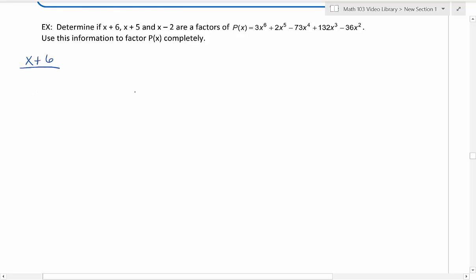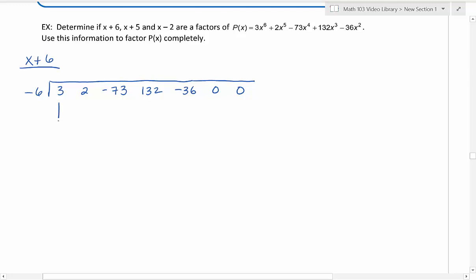We're going to synthetically divide. So that's a -6 on the outside, and our coefficients underneath. Notice that our p of x does not have a linear or constant term, so I'm going to put 0 placeholders at the end. We actually need 2 of them.